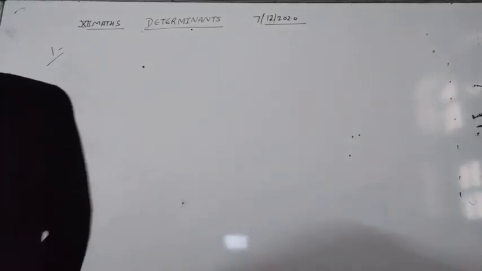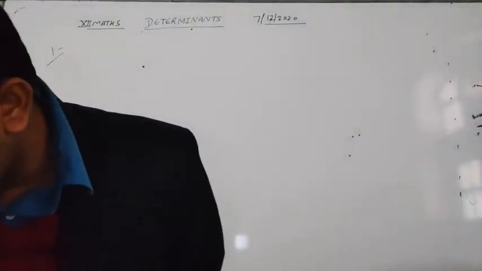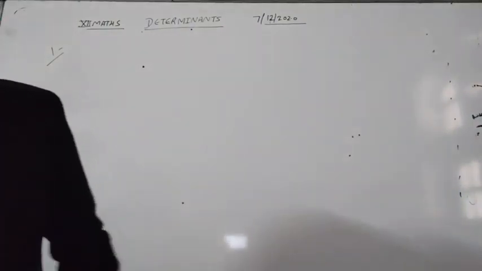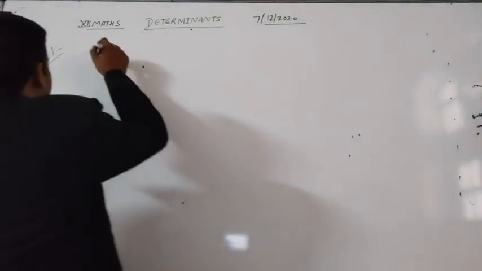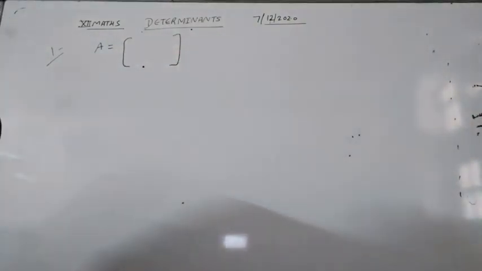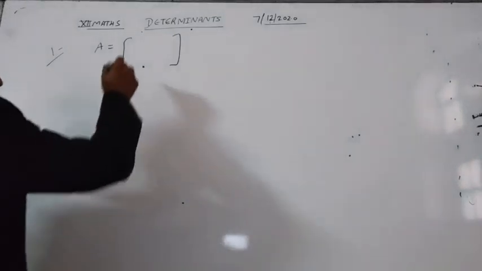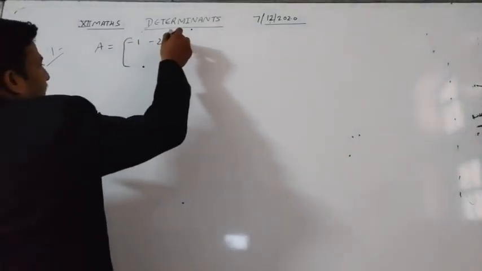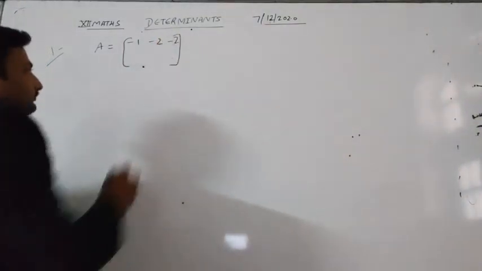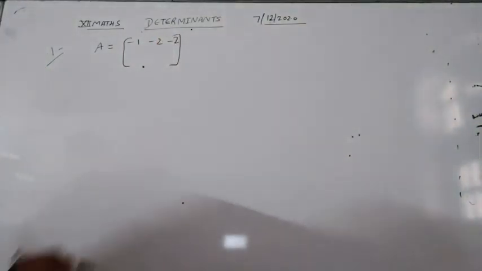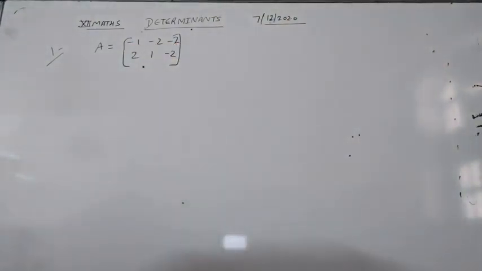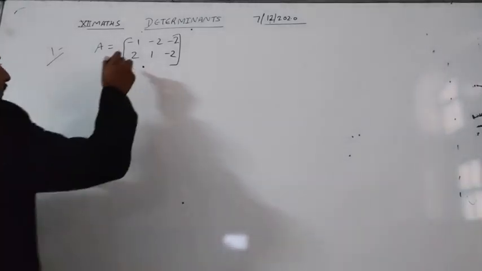Find the adjoint of matrix A and show that A times adjoint of A is equal to determinant of A times I3. We are given a matrix of 3 cross 3 order, which is -1, -2, -2; 2, 1, -2; and 2, -2, 1.